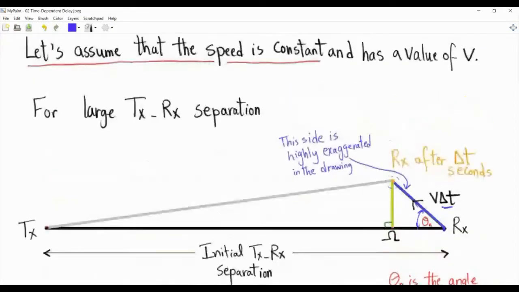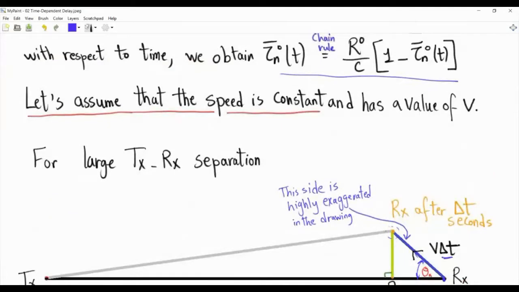Now, we will assume that the speed is constant, so I will not use v of t. This is the first of the assumptions made to make our life easy: we will ignore acceleration. Acceleration effects are ignored.